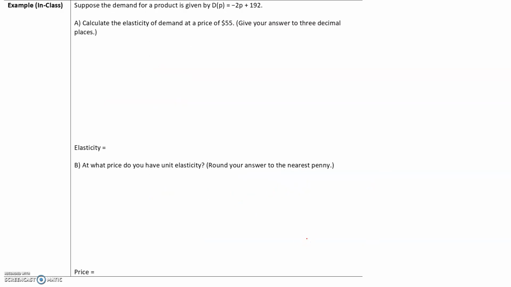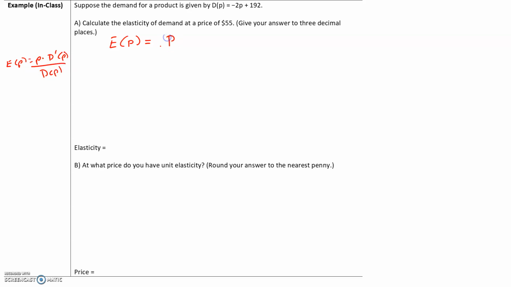Okay, here's another example. Suppose a demand function for a product is given by d of p equals negative 2p plus 192. Calculate the elasticity of demand at a price of $55. So let's find out what our elasticity function is first. Okay, so remember, this is given by negative p times d prime of p divided by d of p.